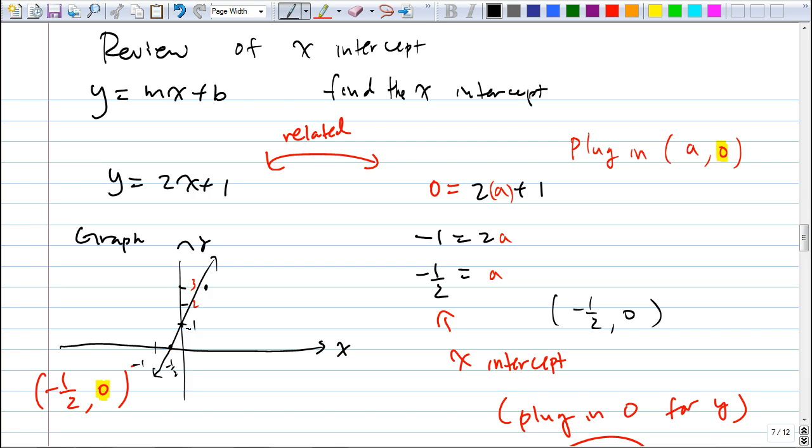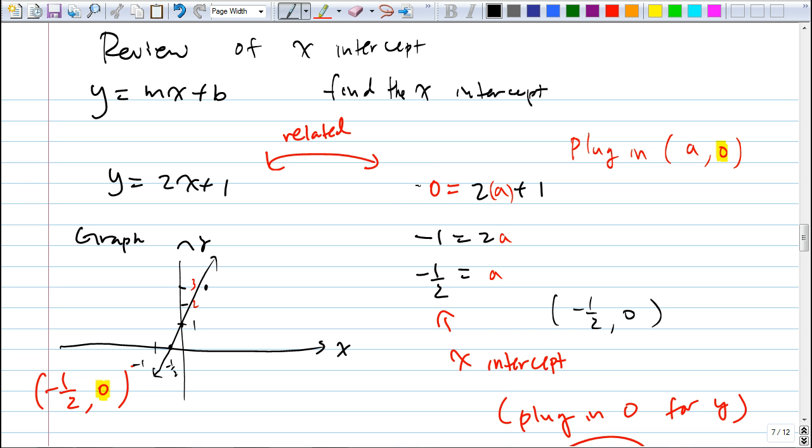The whole reason I did this is because, what do you think the process is for finding the x-intercept for a quadratic equation? We plug in 0 for y. What do we do for the linear equation? For y equals 2x plus 1, what do we plug in 0 for to find the x-intercept? We plug in 0 for y, right? Because every point on the x-axis must have the y coordinate as 0.